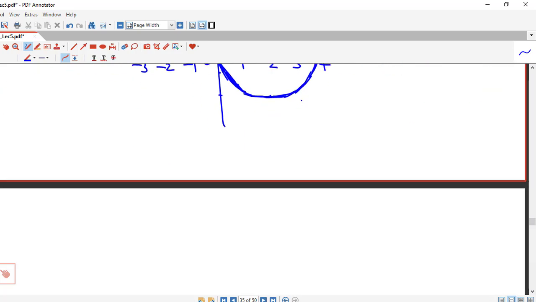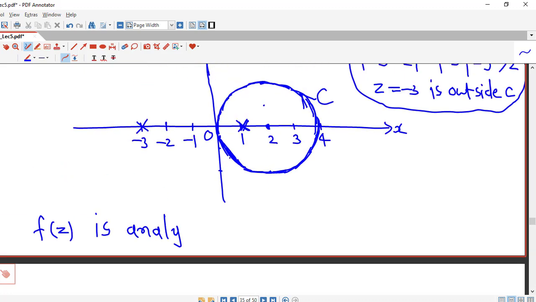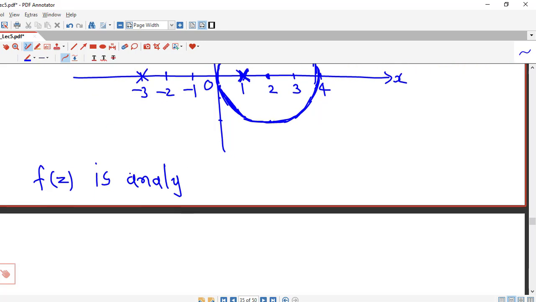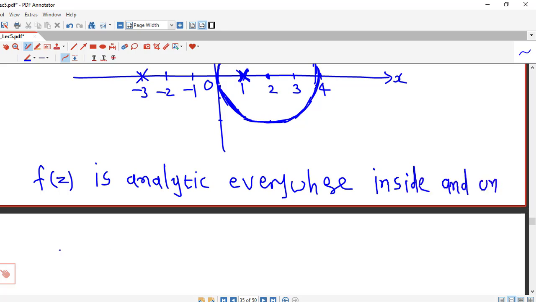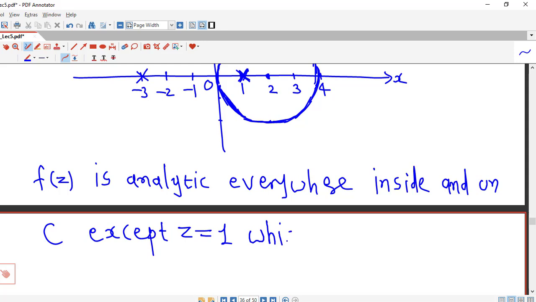So now it is clear that f of z is analytic everywhere inside and on the given circle except only one point, which is z equal to 1, and it is inside this simple closed contour C. So f of z is analytic everywhere inside and on C except z equal to 1, which lies inside C.